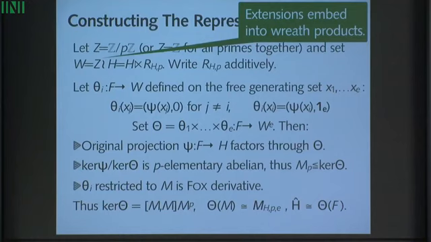A wreath product of this cyclic group with the factor group, which is of course just the regular wreath product. That's just the semi-direct product of the group with its regular module. If you wonder why I'm doing this, well, I like wreath products, and wreath products are generic things where extensions embed into. Okay, I will now write this regular module additively.